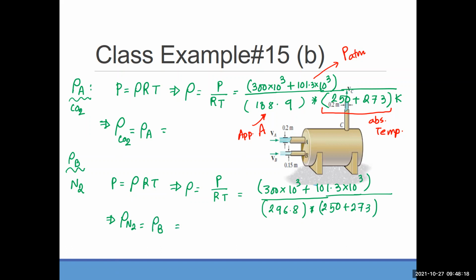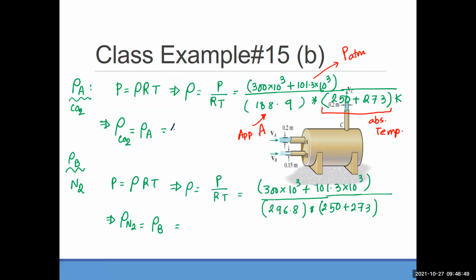Give me the value for rho A and rho B with proper unit. Say it again, 4 point. For carbon dioxide, I got a little bit different. That's what I got, 4.06. So I will write down that one.